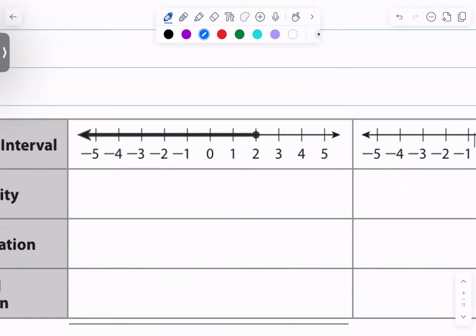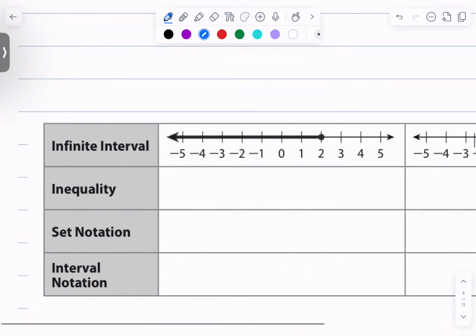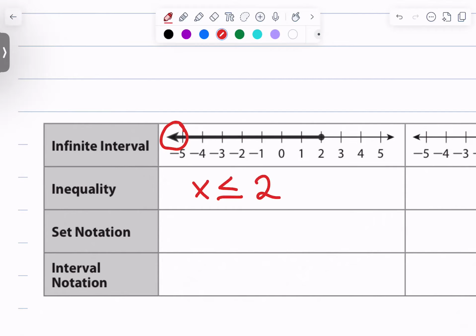Let's talk about an infinite interval though. The reason why it's an infinite interval is because it goes on forever. This number line starts off at 2, and it goes on forever towards the left-hand side. So what's the inequality? x is less than or equal to 2.